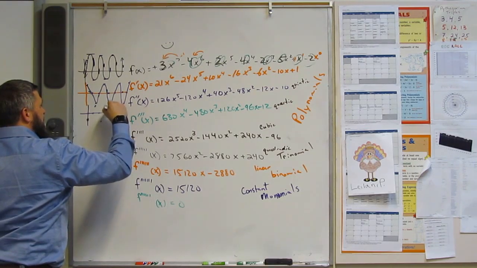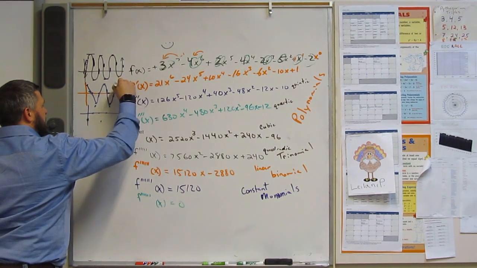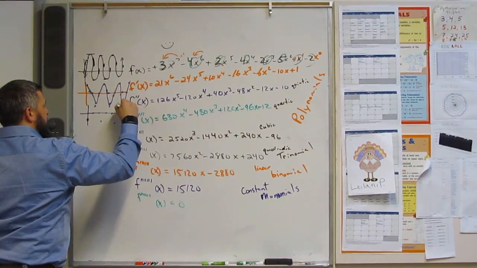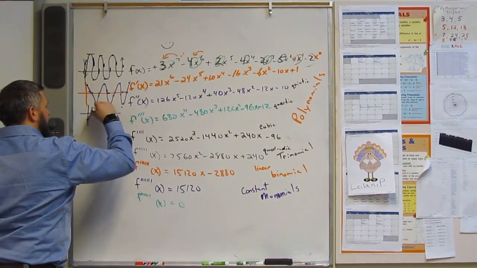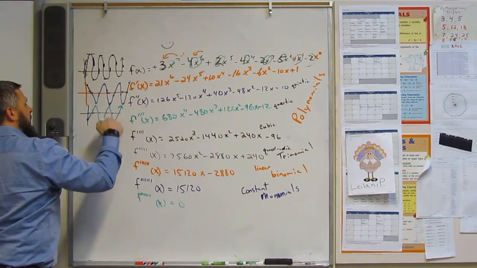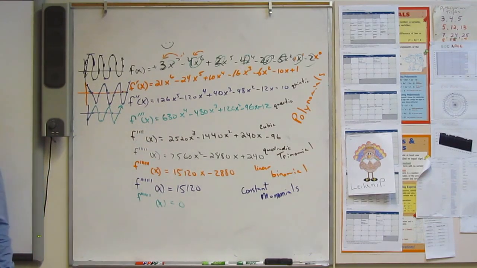Just put 4 humps on it. 0, negative, 0, positive. And then you connect your dots. Still smiling. 1, 2, 3, 4. And it has 5. Degree of 5.